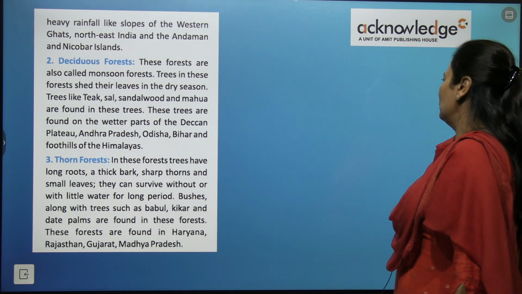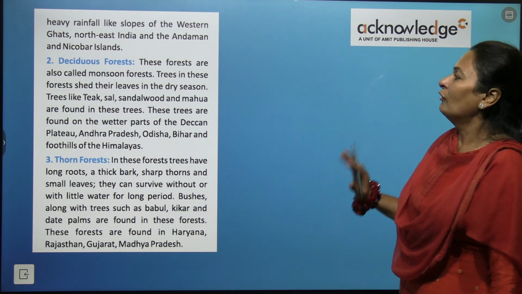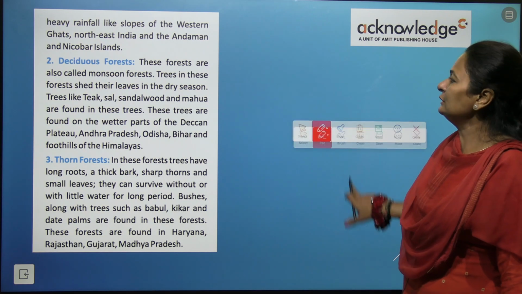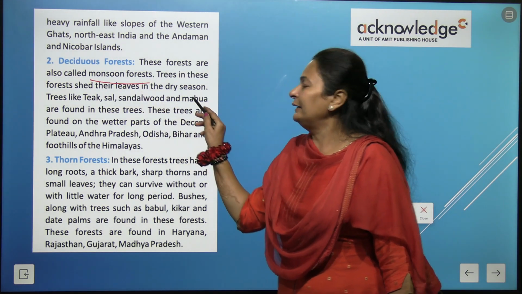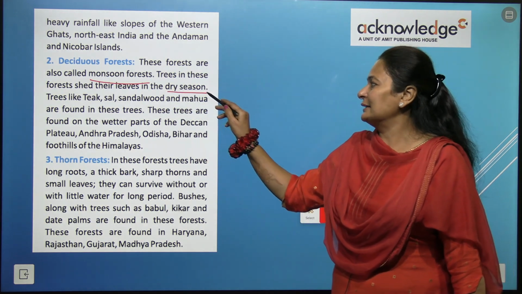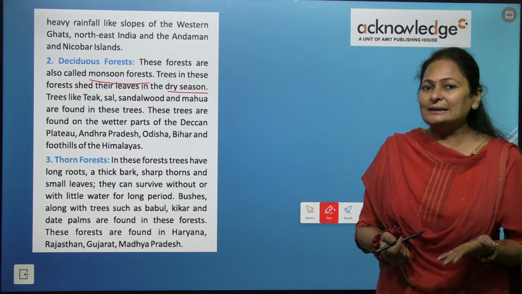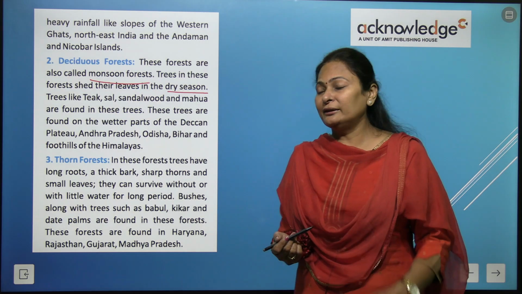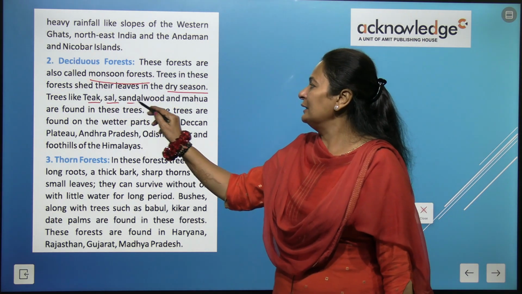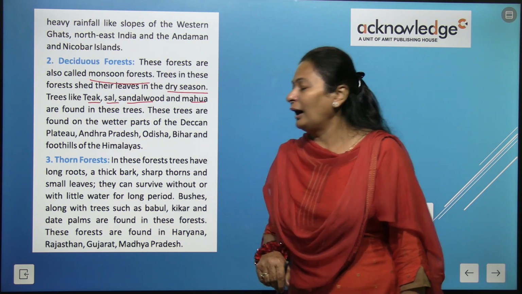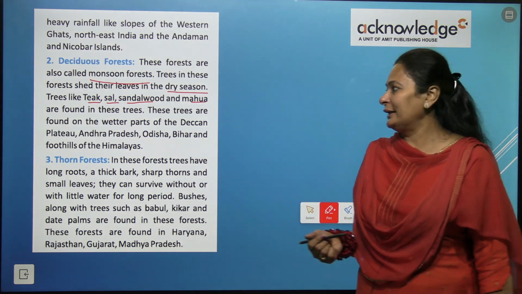Trees in these forests shed their leaves in the dry season. Examples are teak, sal, sandalwood and mahua.